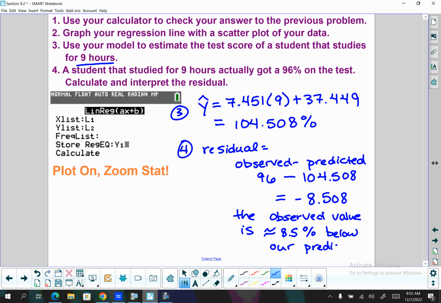Or you could word it another way and say our prediction is about 8.5 above what we're getting. But the negative is telling us that the observed value is below. If it was positive, it tells us that the observed value is above. Tells us how far off we are.